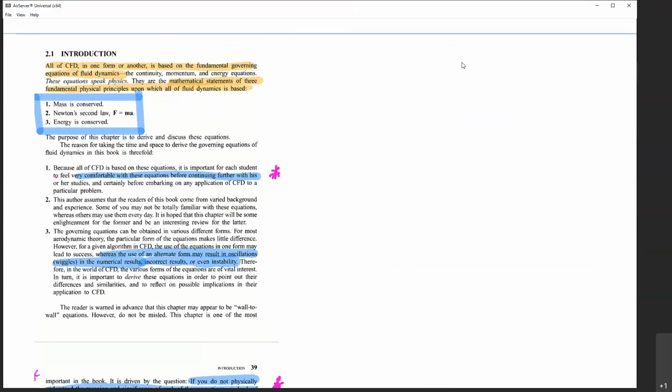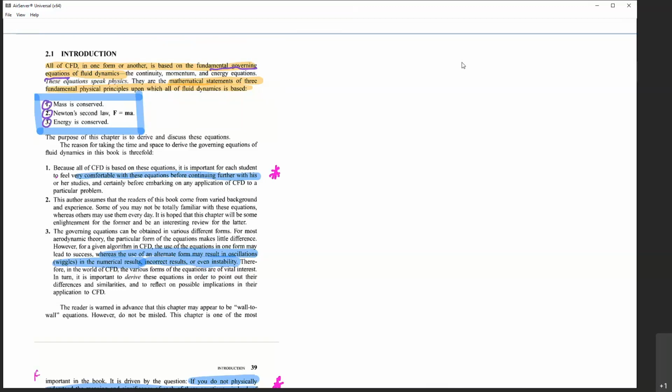In this case, the fundamental equations are the continuity equation, the momentum equation, and the energy equation. What these equations represent is the principle by which, number one, mass is conserved; number two, Newton's second law, which is the momentum equation, F equals ma; and finally, energy conservation. So they all depend on, or are derived from, these three fundamentals.